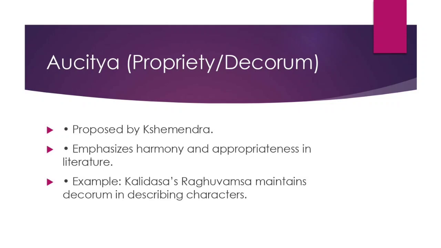It means that every element of a literary work, that is words, emotions, characters, actions and situations, should be in harmony with the context and purpose of the work. So we can find that harmony and balance is the key idea of Aucitya theory. So this Aucitya theory ensures that there is no mismatch or exaggeration in the presentation of the ideas.